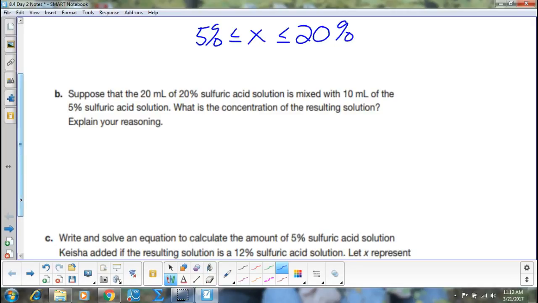Now my question to you is, how do they figure out the concentration of a solution? How do they get that it's 20% right here, or how did they get that it's 5% right there? In real life, how do we make up a percentage of a solution?